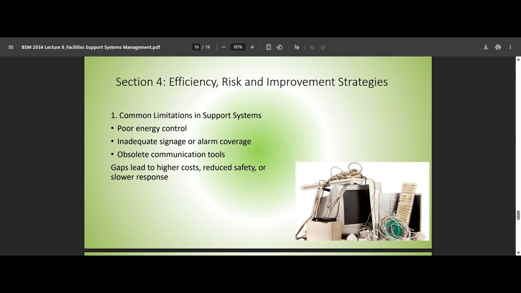Therefore, we are becoming more energy efficient, and we may not be energy efficient if we use the older products. However, the gaps lead to higher costs. It reduces safety.